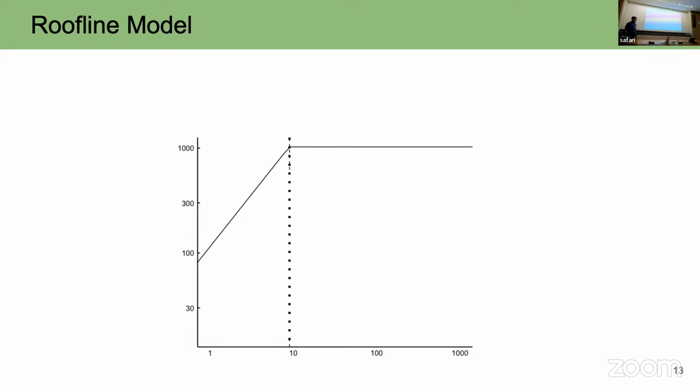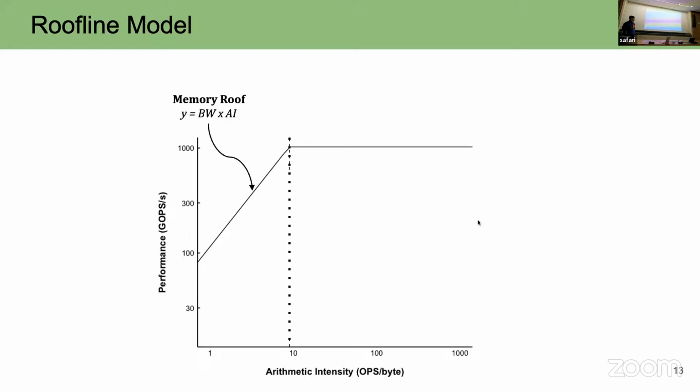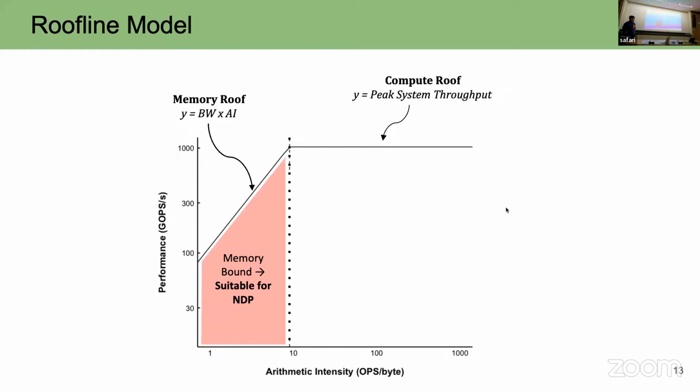The roofline model correlates the arithmetic intensity with the performance. There are two regions we're interested in: the first one being below the memory roof, and the second one being below the compute roof. Applications which lie below the memory roof are memory bound and are deemed suitable for NDP, while applications which lie below the compute roof are deemed not suitable for NDP.